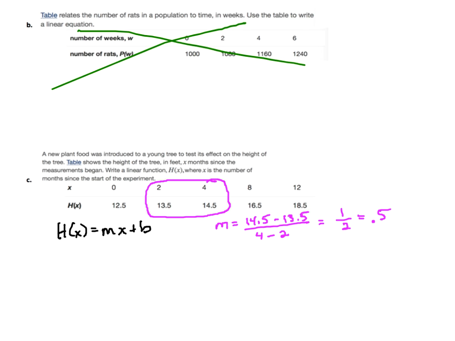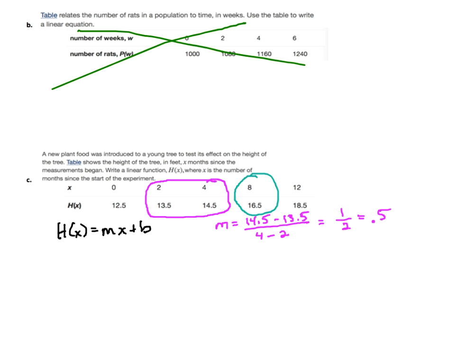Same thing. All right, I am ready to plug into point slope form, and I will choose even a different point. Let's see, I'll choose the 8, 16.5 to plug in. It doesn't matter because you're told they're all on the line. They're all part of the data.